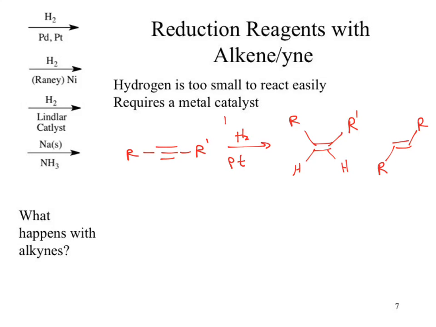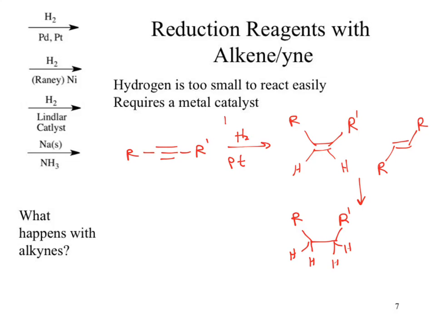In the case of the H2 with palladium, platinum, and nickel, okay, for all three of those, the catalyst is so reactive that what ends up happening? Both pi bonds react. Does it matter now whether it was cis or trans? No, because when we look at our product, no stereocenter.